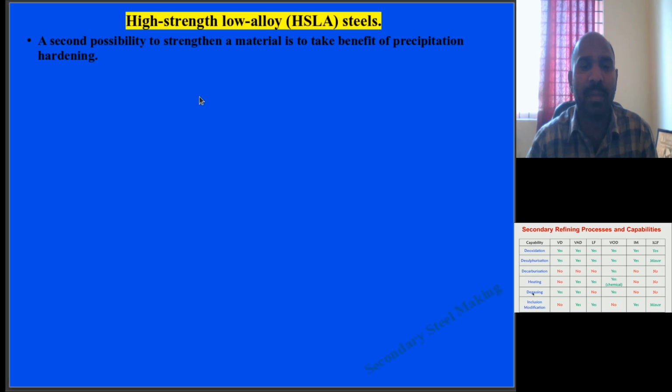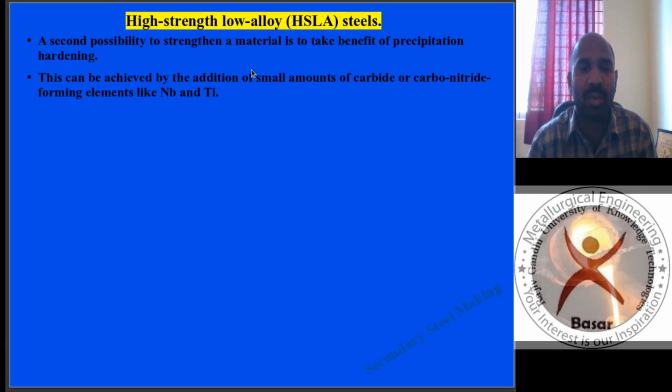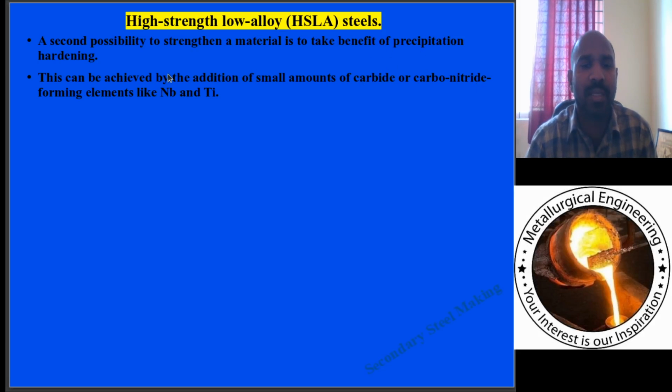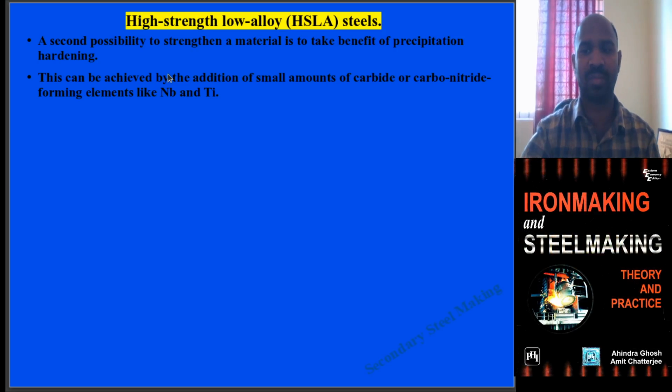These particular niobium and titanium additions, even in small amounts, may form carbide or carbonitride and become precipitates. Those precipitates intersect the grain boundaries and stop further grain growth of the austenite grains of the steels during the hot rolling process.